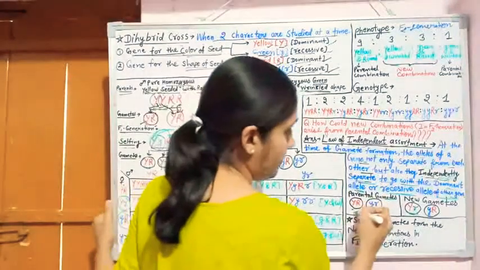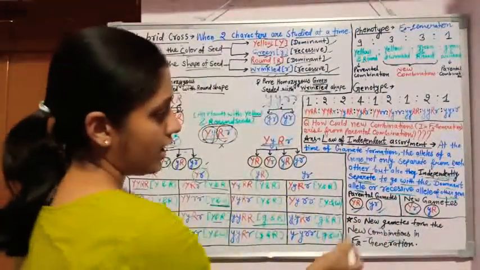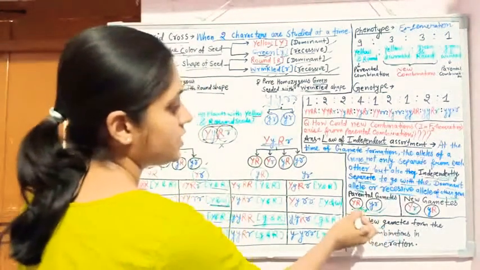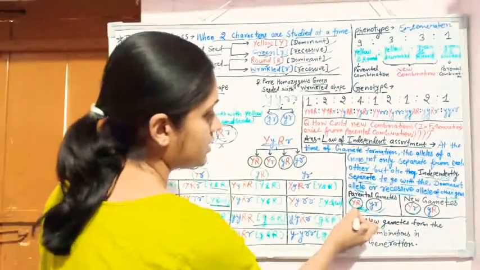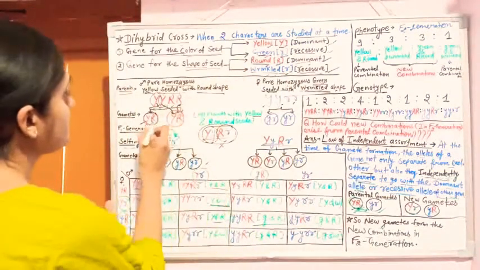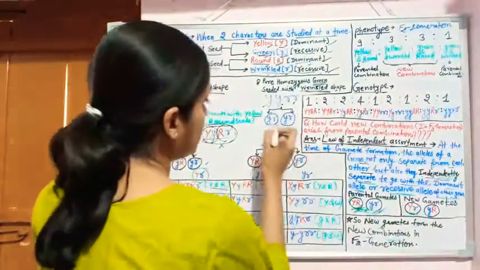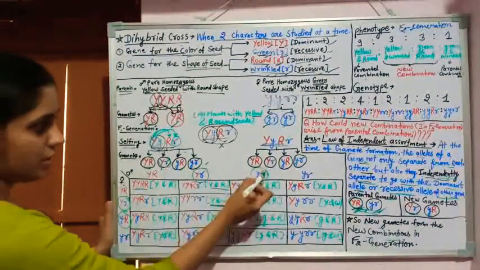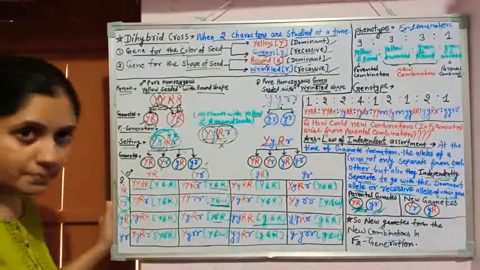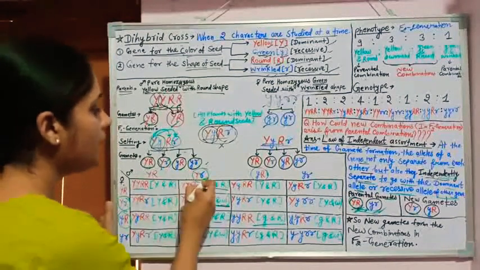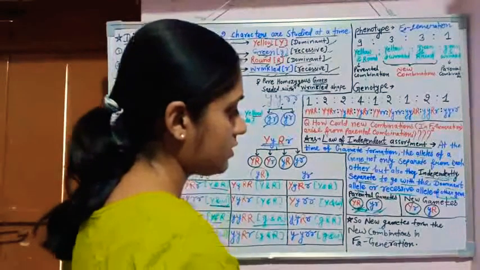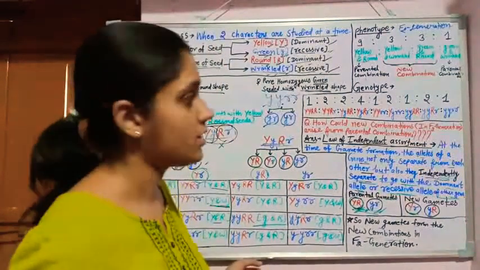So the parental gametes are these. Parental gametes means those which are present in the parents. See this, these are present in these parents and these are present in this. So these green color circled gametes are the new gametes which are absent in the parents. And due to this new gamete formation, new combinations arise.